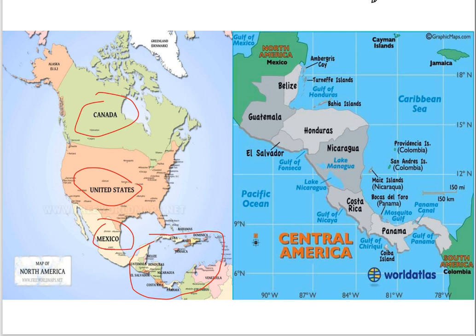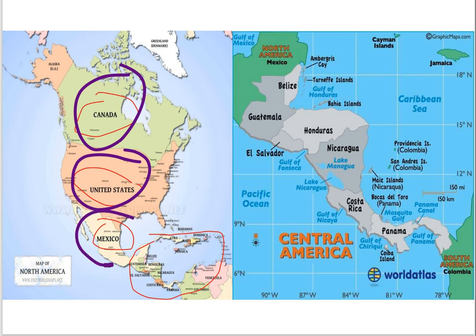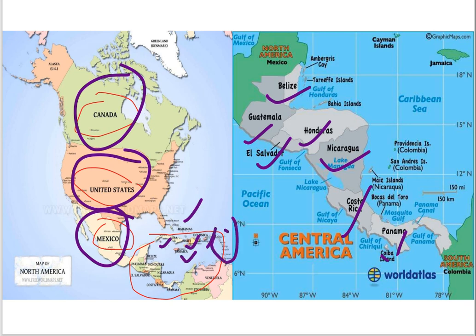The major countries are: the first one is Canada, next is USA, the third is Mexico, thereafter Belize, Guatemala, Honduras, El Salvador, Nicaragua, Costa Rica, Panama, and thereafter Cuba, Haiti, Bahamas, Dominica, Jamaica, and the West Indies also.